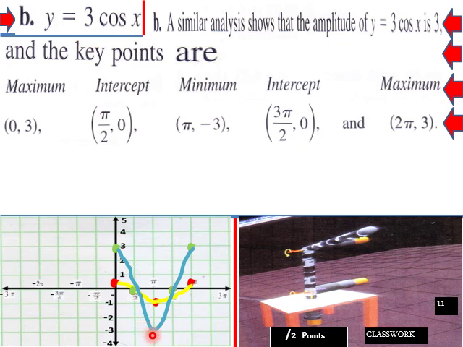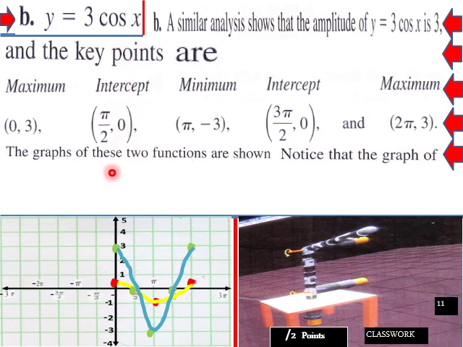So instead of being at 1/2, it's down at negative 3 for that one. For this plot, the max is 0, 3, so you start up here, pi over 2 is 0, then pi would be negative 3, then 3 pi over 2 back to 0, and then 2 pi would be 3. So that would be one cycle of that function.